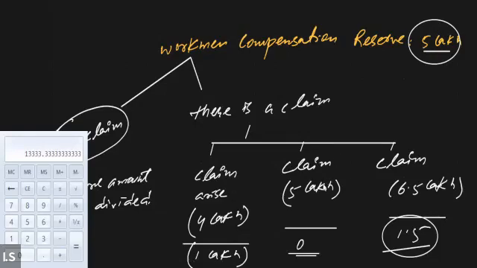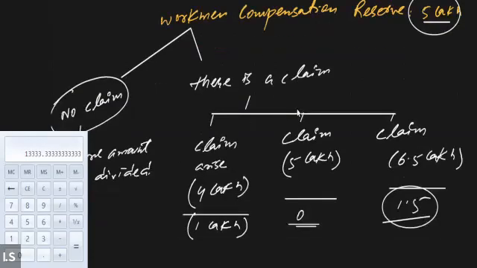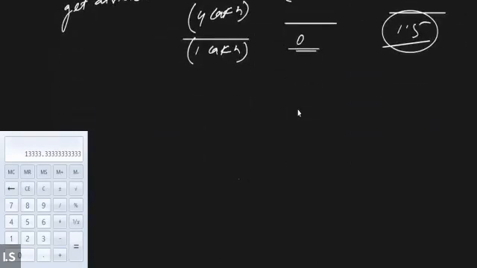If the claim is for 5 lakh, then nothing will get divided among the partners. And if the claim is greater than the reserve that we have made, in such a situation, the additional amount will be contributed by the partners in their old profit sharing ratio. Got it, everyone? Is this clear to all of you? Yes, sir.